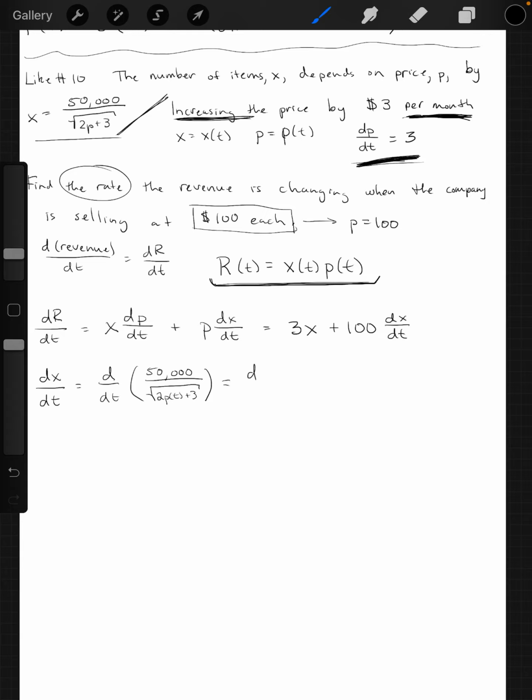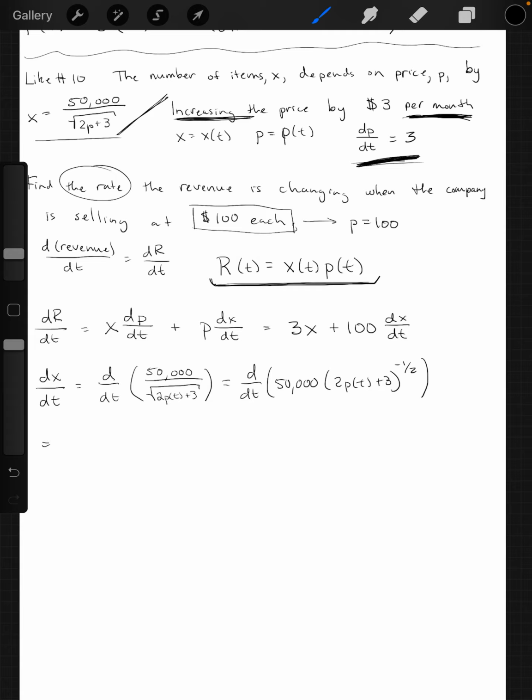I'm going to rewrite that, because I don't really like the quotient rule myself, as 50,000 times (2p(t) plus 3) to the negative 1/2. That's going to let me use the power rule and the chain rule and not worry about the quotient rule, because that doesn't sound like too much fun, right?